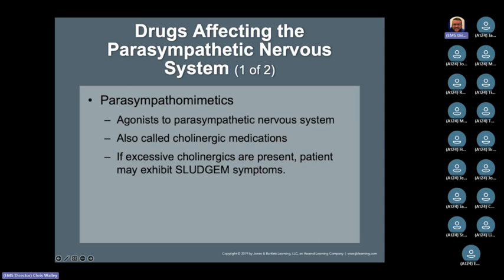All right, anticholinergics are antagonists to the parasympathetic nervous system. Cholinergic medications are also called parasympathomimetics because they stimulate the cholinergic receptors to which ACh normally binds. Cholinergic medications may act directly or indirectly on those cholinergic receptors.